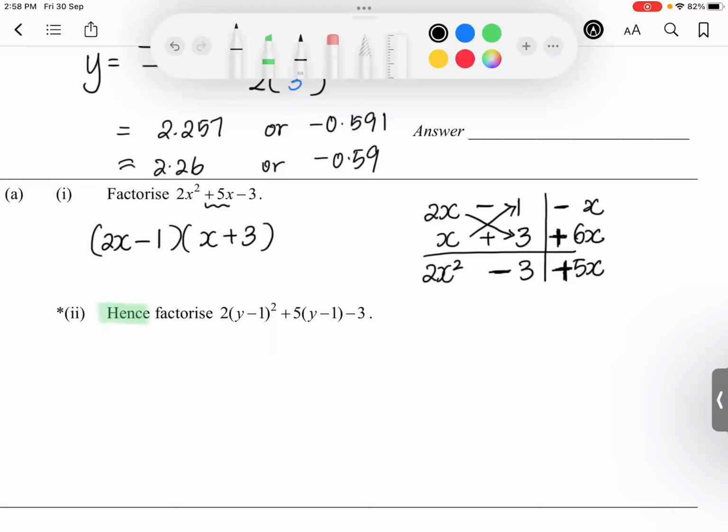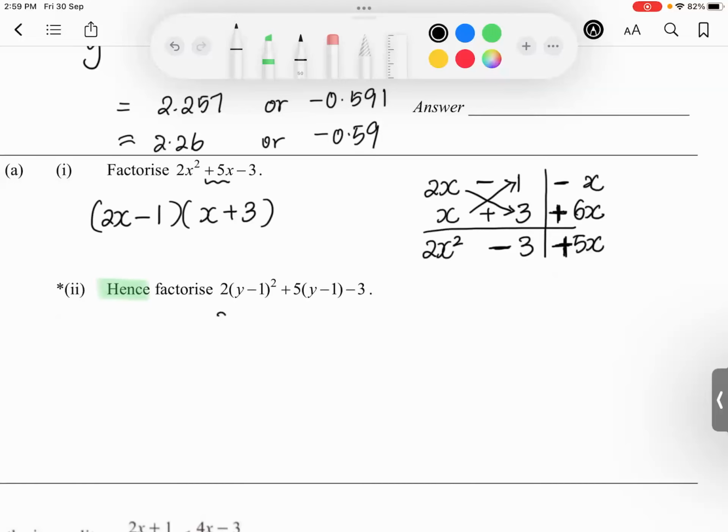Okay, so now I have this whole expression already. The question says, hence factorize. All right, hence factorize, meaning I must identify the pattern. Compare this with 2x squared plus 5x minus 3. What is the x?